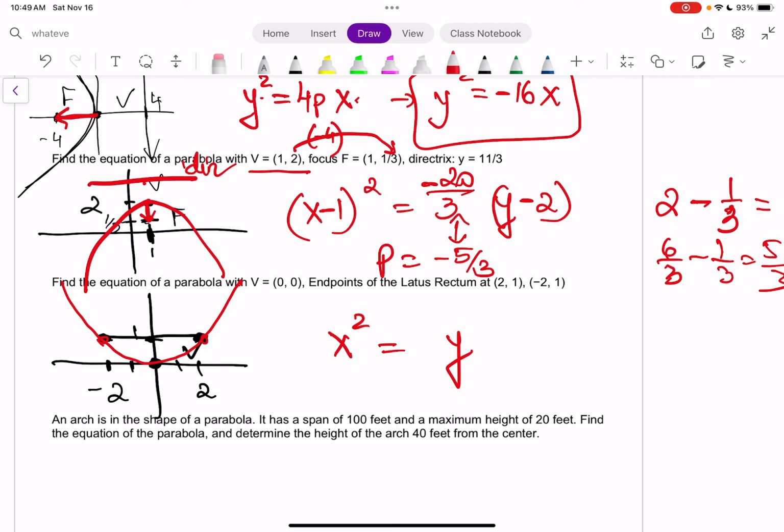And then, as you see, the focal distance is 1. So 4 times 1, that's 4. And also, as you could tell, that whole distance left to right is 4 units, from negative 2 to positive 2. And that's it. And that's how easy it is.